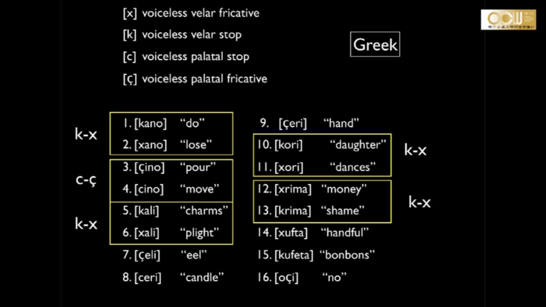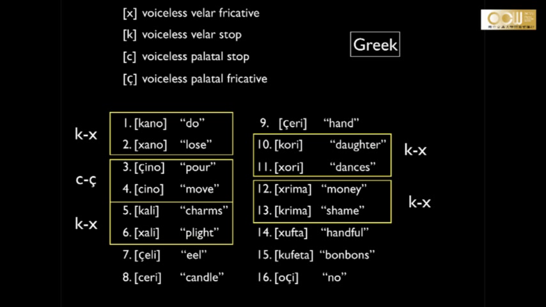But the problem is, so we know that K and X are minimal pairs. And then these 2 are minimal pairs. What about the rest? So we know these are contrastive. K and S are contrastive.